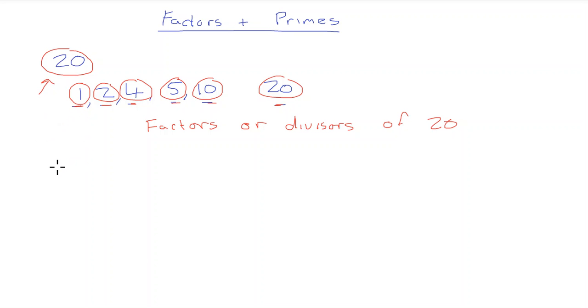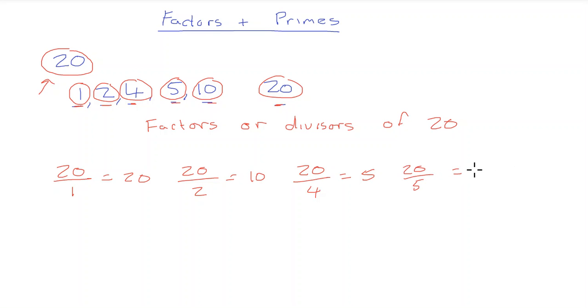So what we mean by that is that they will divide in evenly with no remainder. For example, if we take 20 and divide it by 1, that's equal to 20. If we divide it by 2, that's equal to 10. So there's no remainder. If we take 20 divided by 4, that's equal to 5. 20 divided by 5 is equal to 4. 20 divided by 10 is equal to 2.